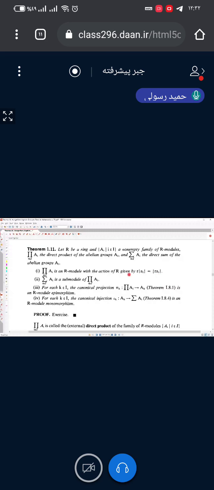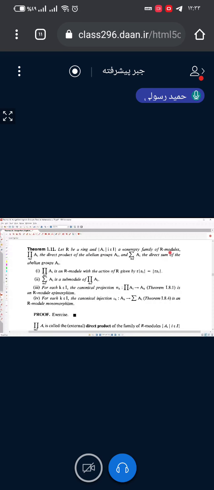So the construction of the product in the category of R-modules is of this form: the product of A_i is the set of all such sequences, and we need two operations. The first one is the summation, which is inherited from abelian groups, since the A_i are in fact abelian groups.